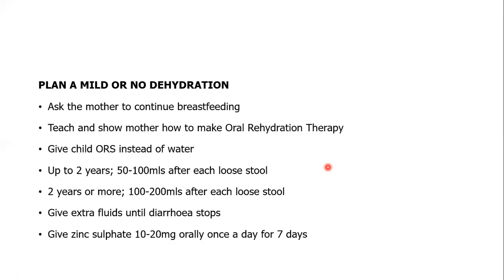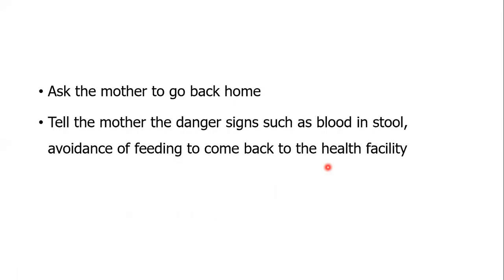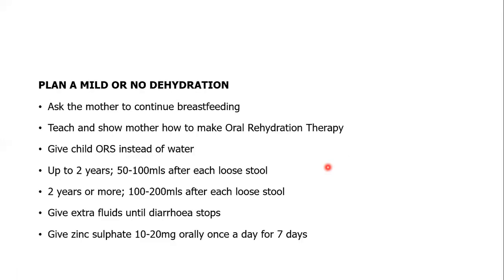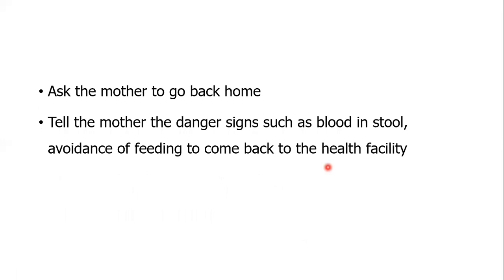And then you can also ask the mother to go back home, because you're not going to admit the child, as you know, this is a mild dehydration. Then tell the mother the danger signs such as blood in stool. Blood in stool is going to indicate maybe a perforation in the GIT. And one of the danger signs is avoidance of feeding.